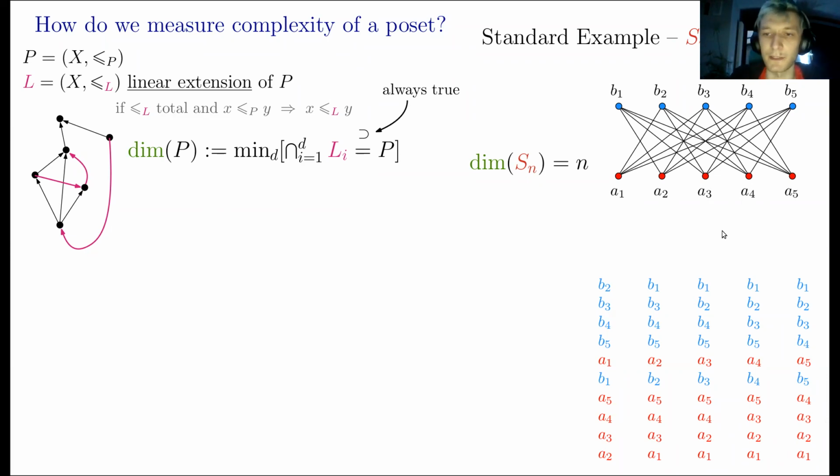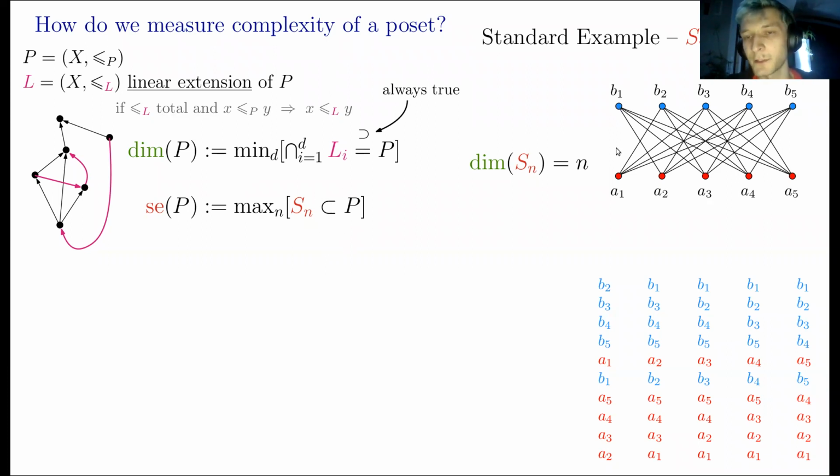Okay, so next we define another notion of measuring complexity of a poset. This is the standard example number, and this is the maximal size of a standard example which is a subset of P. In the world of posets, we always mean induced.